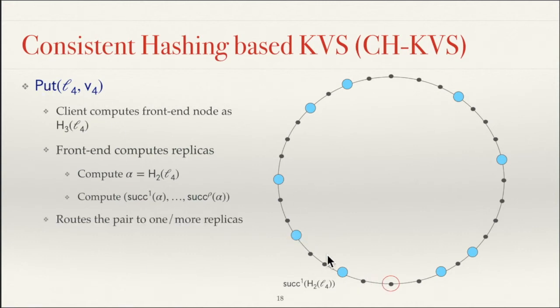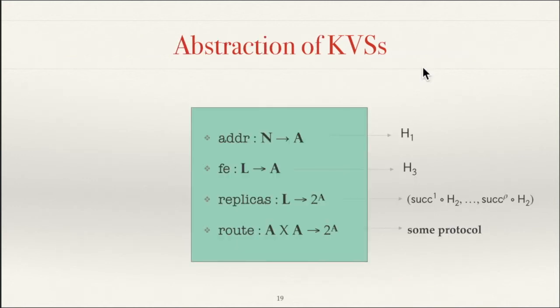Once all the replicas are computed, the front end node forwards the request to all these replicas, and then these replicas finally store the label value pairs with themselves. Yeah, so this is the second replica, and this is the front end node. Sorry, my animations are a little bit out of order.